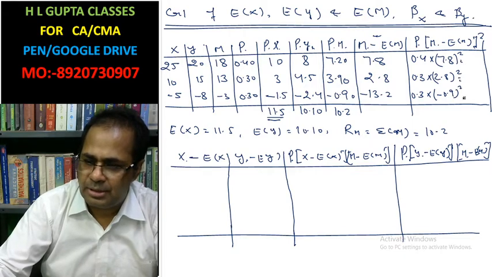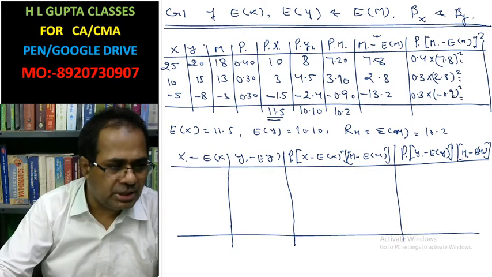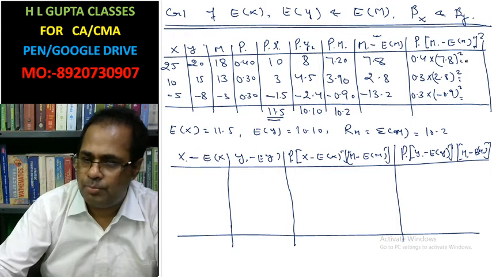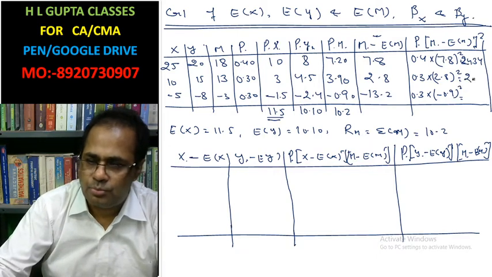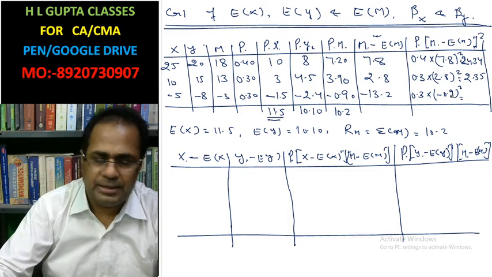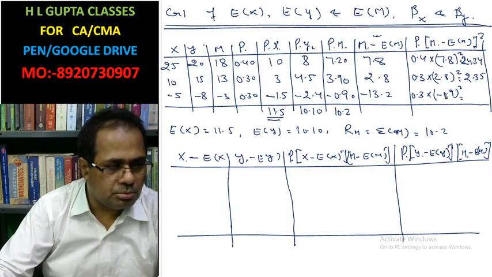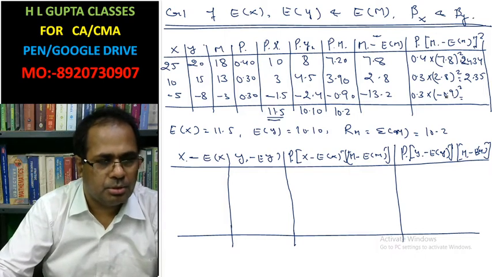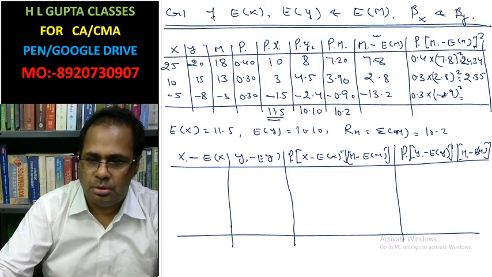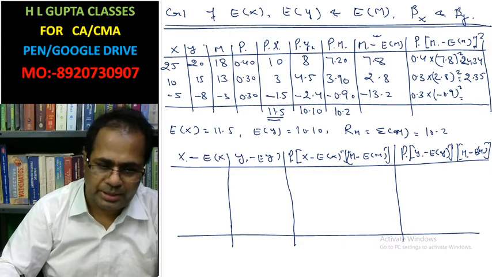After this you will find what will be here: 24.34, and this 2.35.